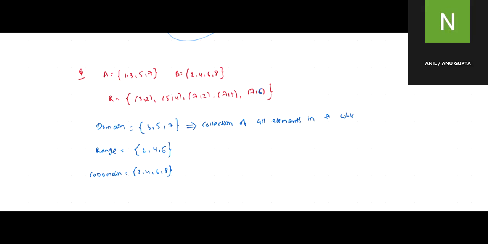Image भी रहना चाहिए, otherwise it is not a domain. Correct? Basically 1, 3, 5, 7, all elements is not the domain. Only the x coordinate in a relation जिसके पास image है, only that is a domain.